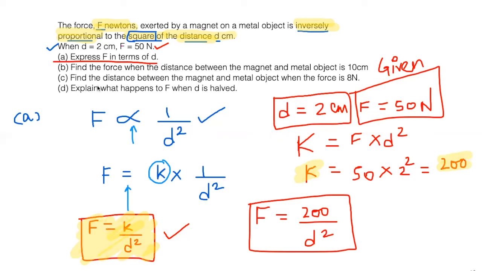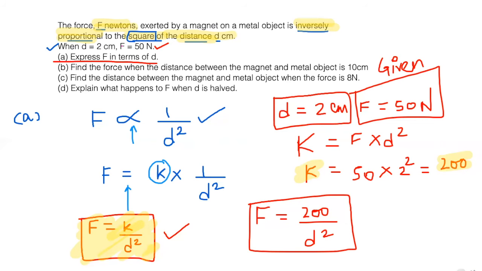Moving forward, the next part says find the force when the distance between the magnet and metal object is 10 centimeter. So in the second one, they are saying find the force. Force we don't know, so F will be question mark. And the distance is 10 centimeters. Now the equation which we got will be useful in getting this answer.